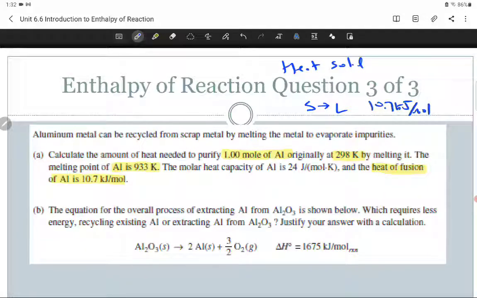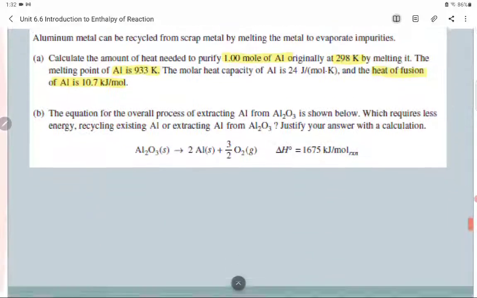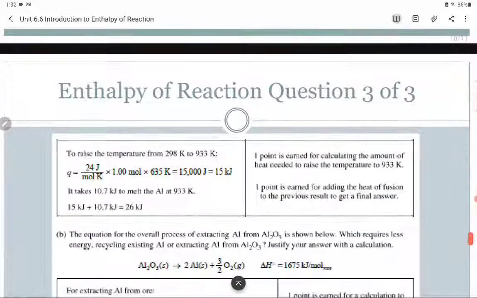We have to heat it from 298 up to 933. And we might have to add those together. Calculate the amount of heat needed, yeah. So actually, let's go check out their answers.